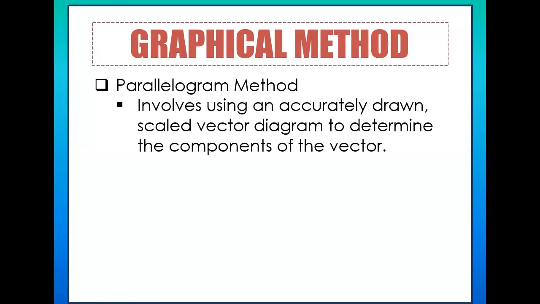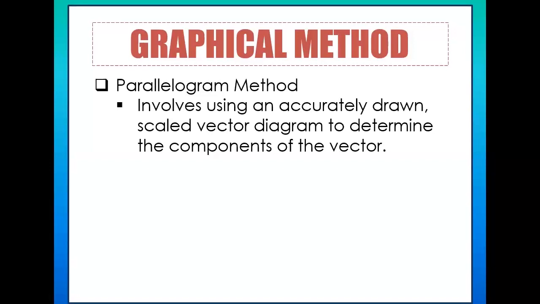And we know that a rectangle is a special case of a parallelogram. So that's the reason why we call this method the parallelogram method under graphical method, because as we draw horizontal lines and vertical lines to your resultant vector, we produce a rectangle.